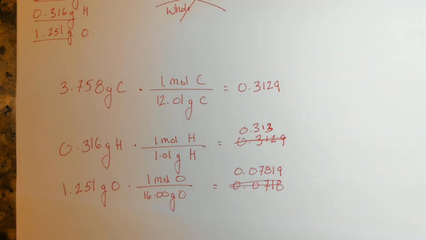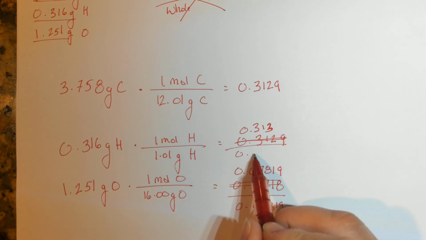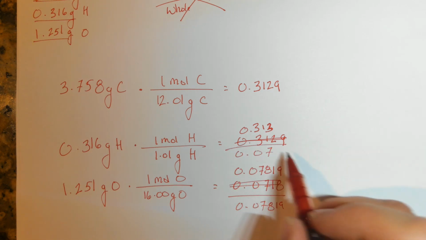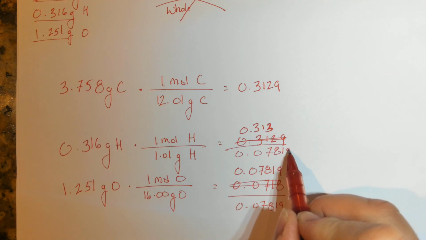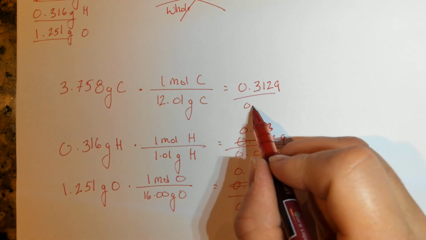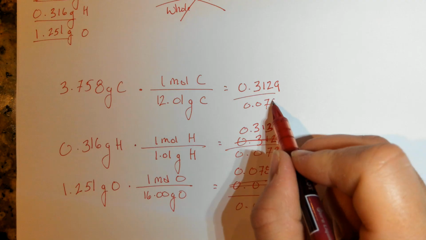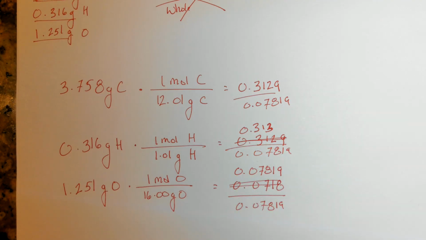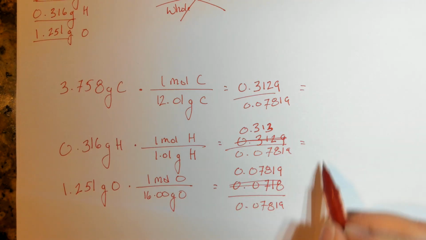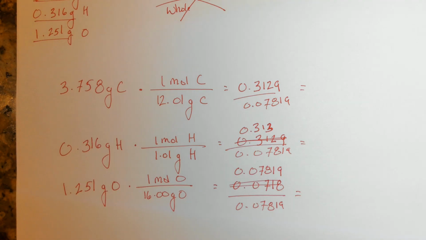Okay, so hopefully you paused the video and you made it at least this far here. Once you got this far, you divided by the smallest number, and that will give you your mole to mole ratio.